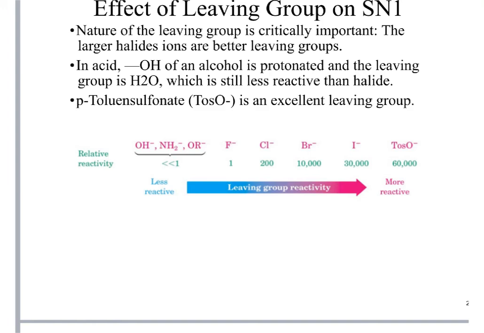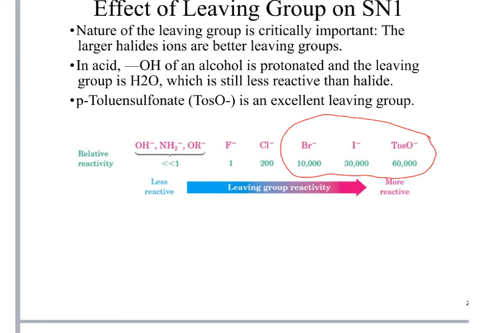Now let's take a look at the leaving group, and we have the same table that we already saw for the SN2 mechanism. Since the leaving group dissociates in the rate determining step, the order of reactivity of the leaving group will parallel that for the SN2 reaction.